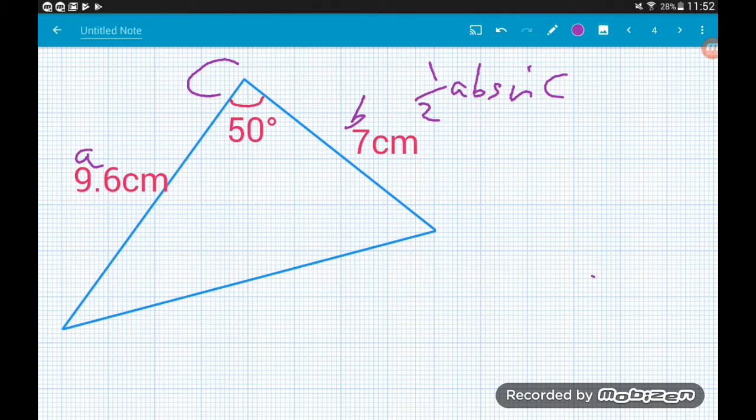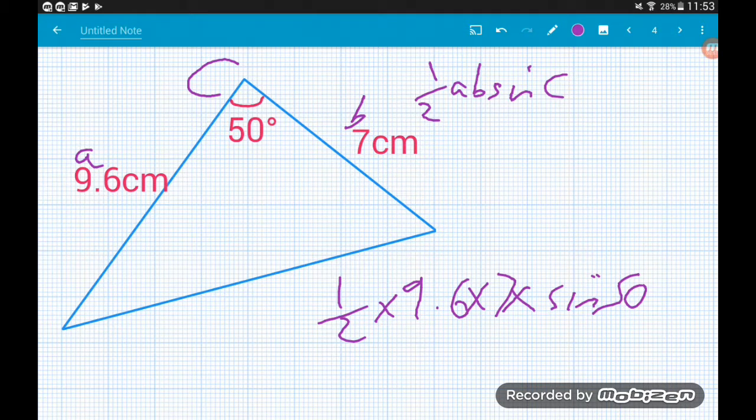So plonking that into the formula, we get 1/2 times 9.6 times 7 times sine of 50. Now sine of 50 is not one of our standard trig values, so it would definitely be time to turn to your calculator. If you put that in, then to one decimal place, you will get the area is equal to 25.7 centimeters squared. Jobs are good. Okay, on with the next.